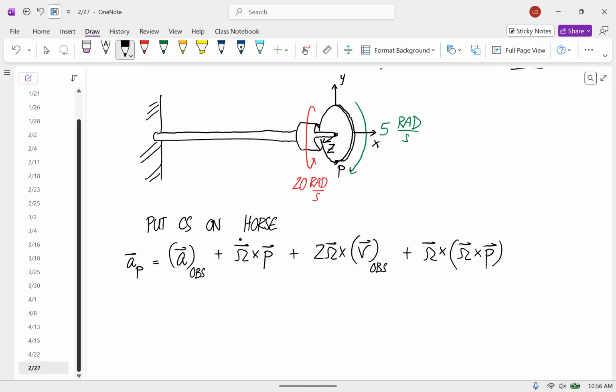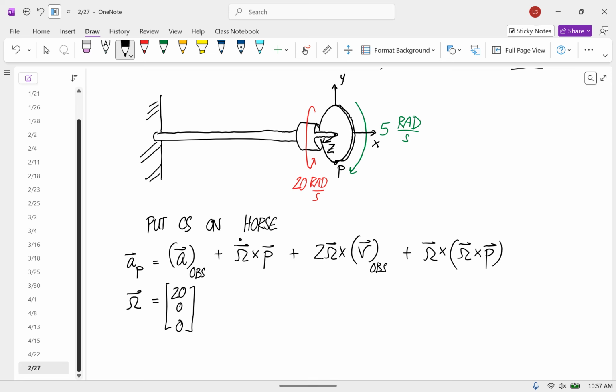Well, our coordinate system is rotating with that sleeve, with that armature. So our omega, that's the angular velocity of the coordinate system, is 20 about the positive x-axis. So this is 20, 0, 0. Any questions about that? Yeah, you can do this positive 20.